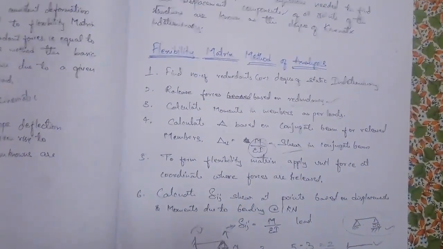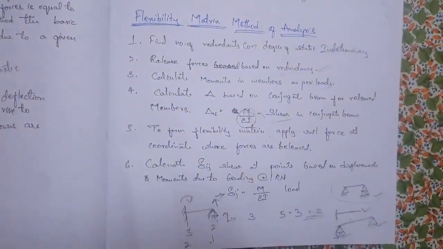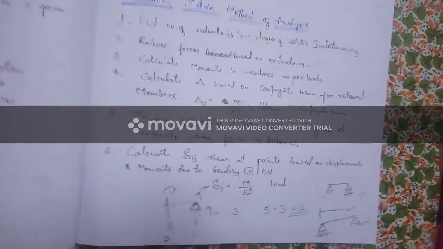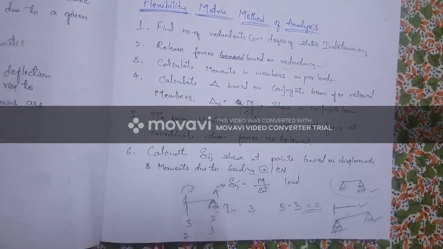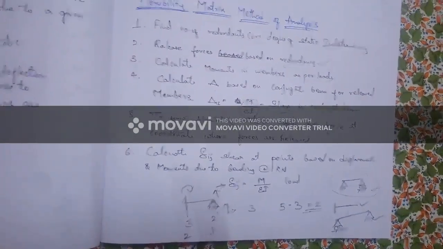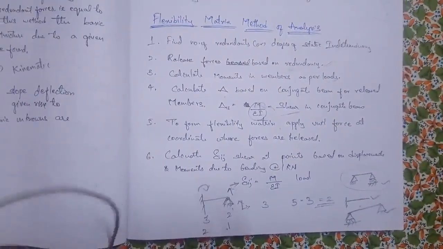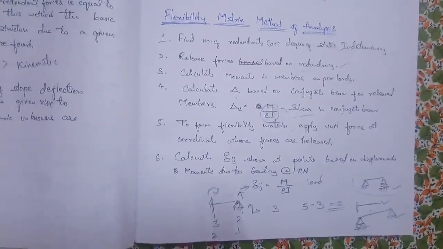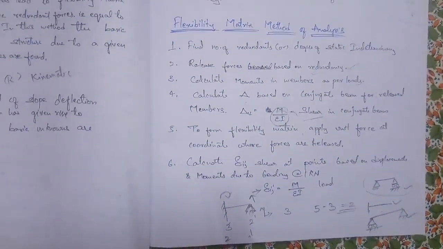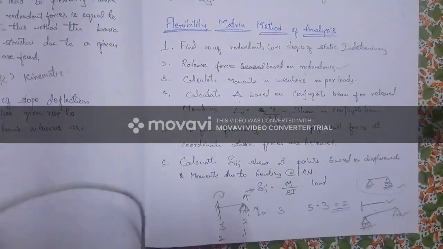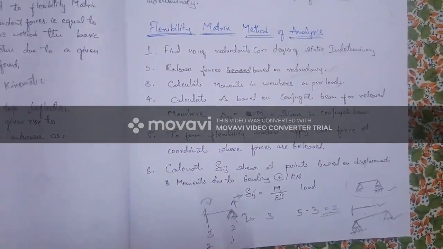When we release these forces, obviously what happens is, when some X force is released, we are supposed to consider the displacements or deflections taking place with respect to these released forces. So either it is static determinacy or kinematic determinacy, the analysis should be done for the released forces or added forces, okay.